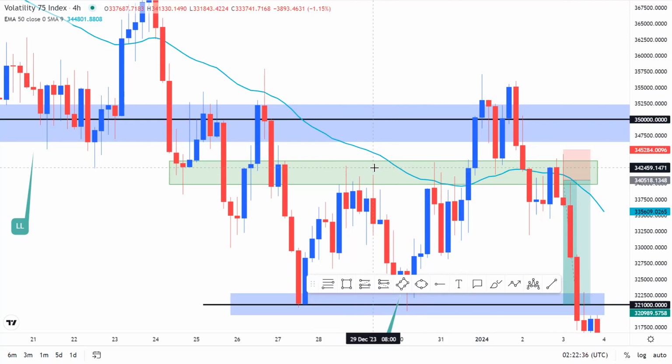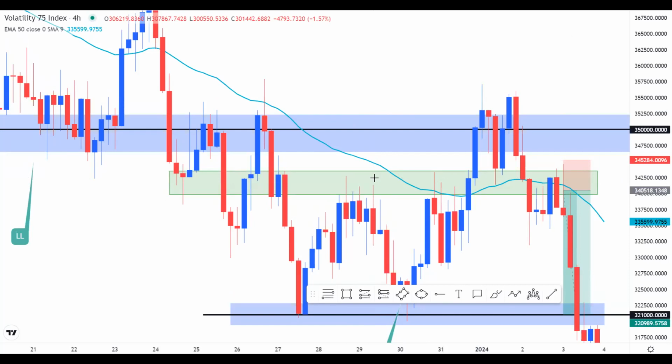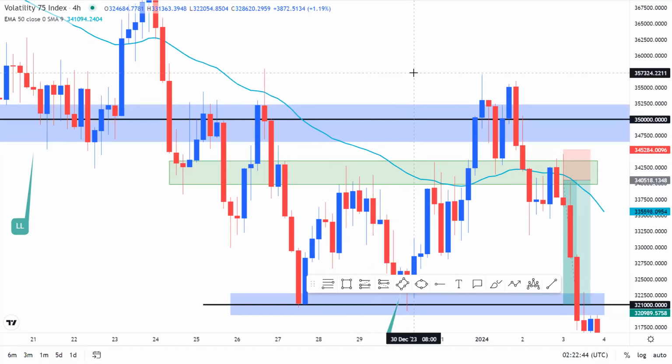Now, very quickly, I did send out the trade setup on my free Telegram channel a couple of hours before the trade entry.